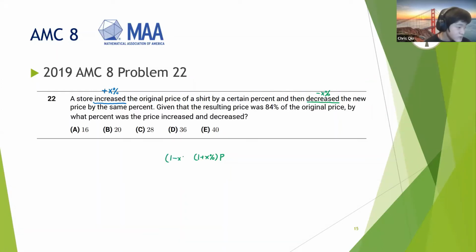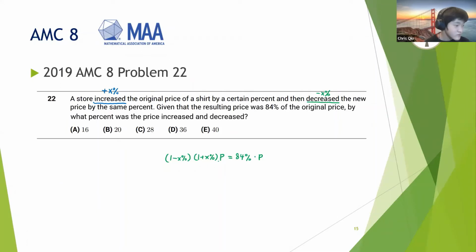So now we're multiplying by 1 minus X%, since we're decreasing the new price by the same percent. So this is going to be our resulting price. We're told that this resulting price is 84% of the original price, which is P. So now we want to find X.